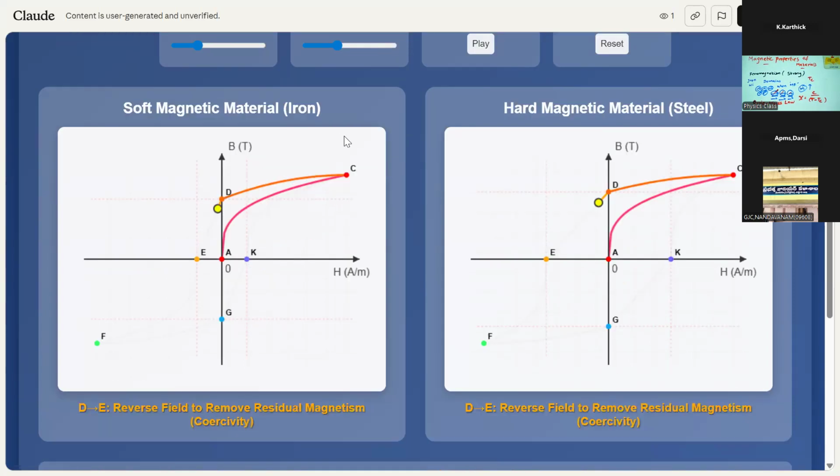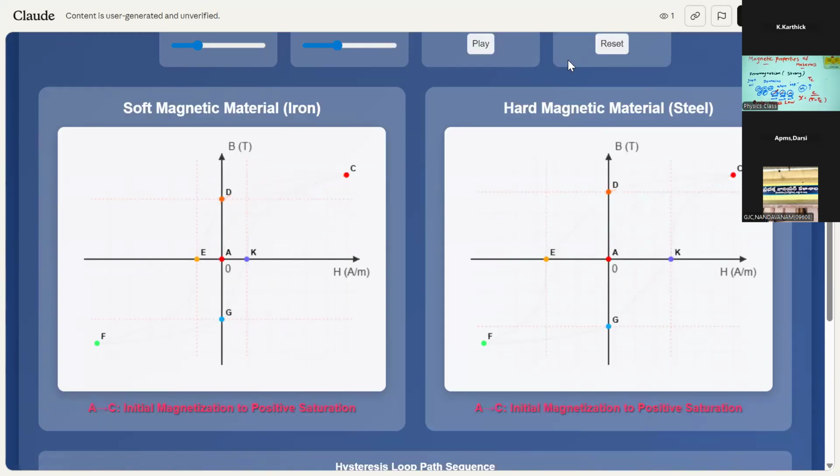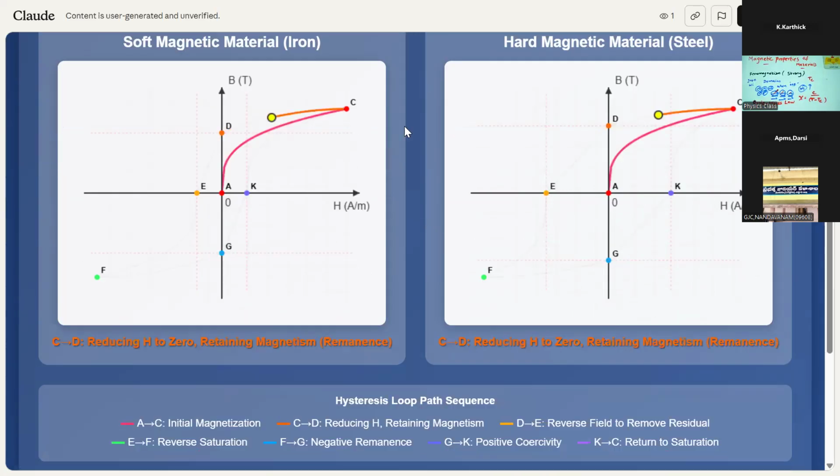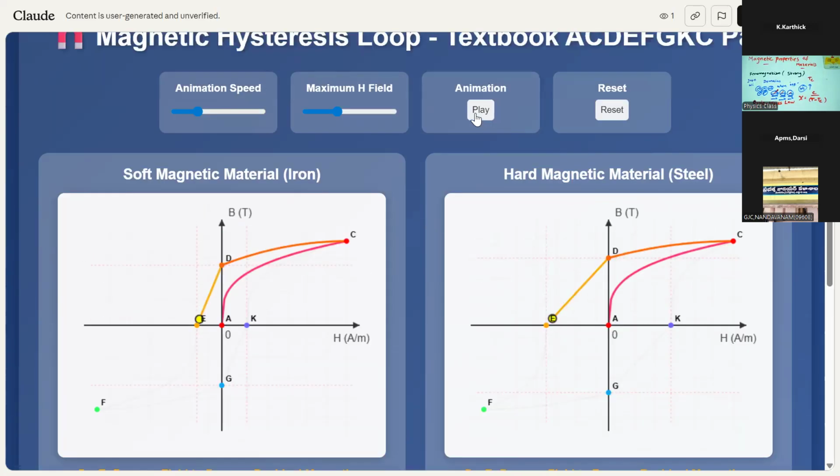You can see that here also, C is the saturation point. So we magnetize the material to saturation and then reduce the external field, the H field, back to 0 at point D. The B field is still there.